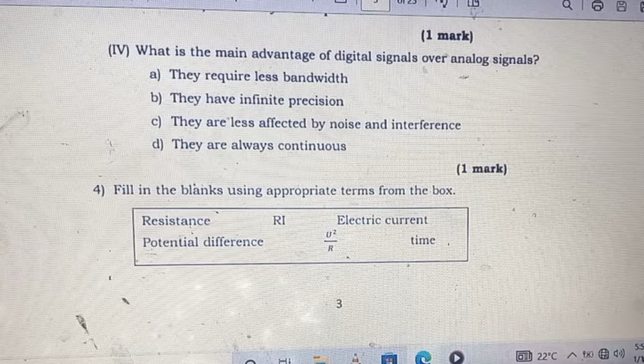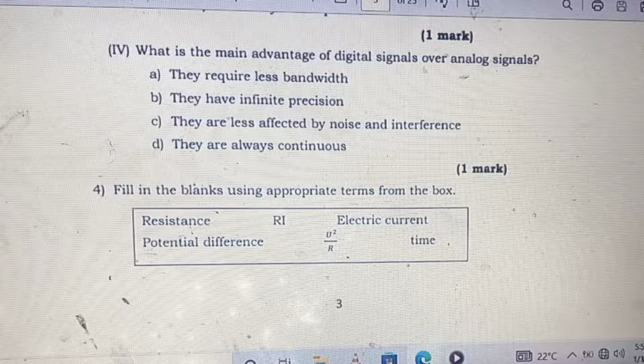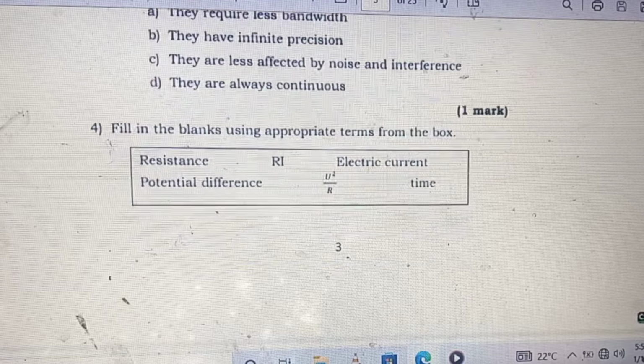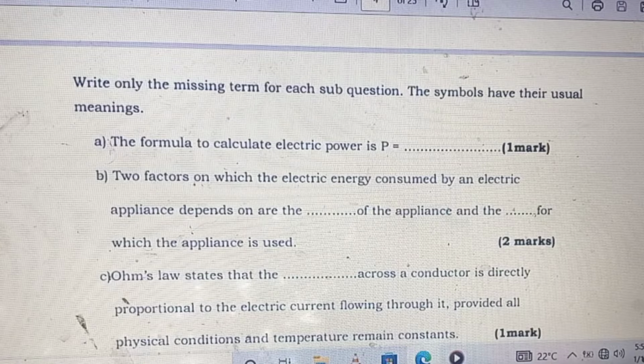Question 4. Fill in the blanks using appropriate terms from the box. We have resistance, potential difference, resistance times current, electric current, voltage squared over resistance, and time. Write only the missing term for each sub-question.